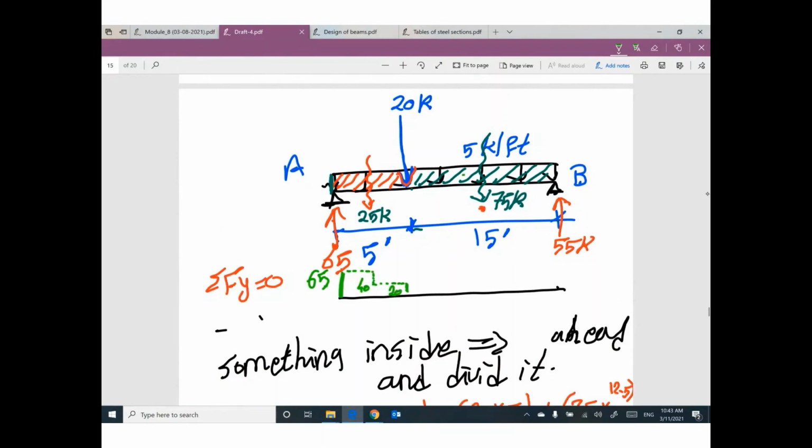We have another distributed load, so I move uniformly. We have 75 here, at 20 so I go down to 55. Keep walking at 55, then go up. From this dotted line and this dotted line, I will draw a solid line. Here is the shear force diagram. Negative, positive.